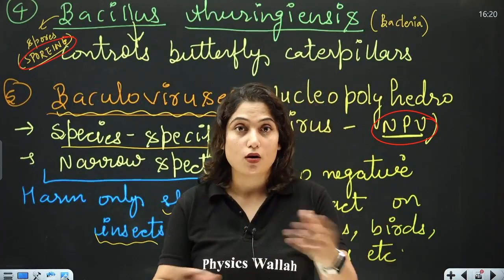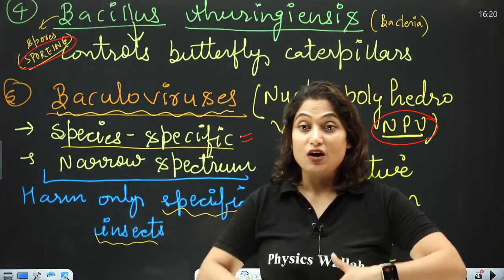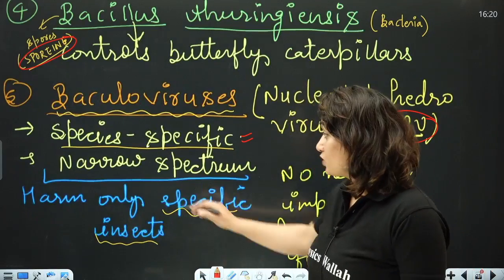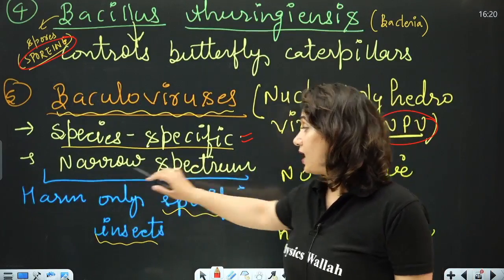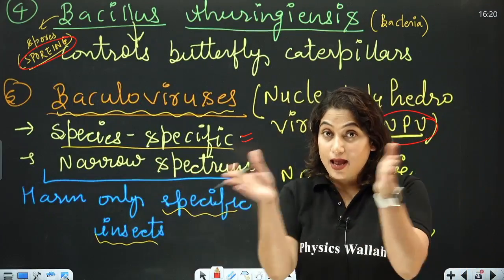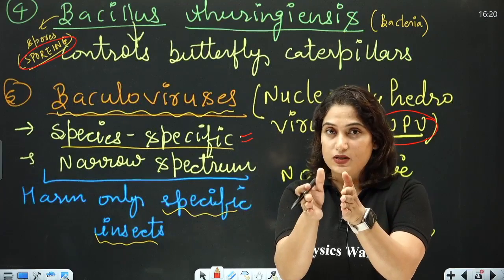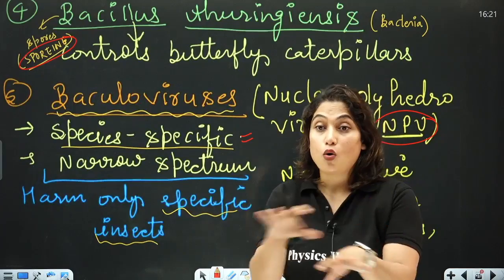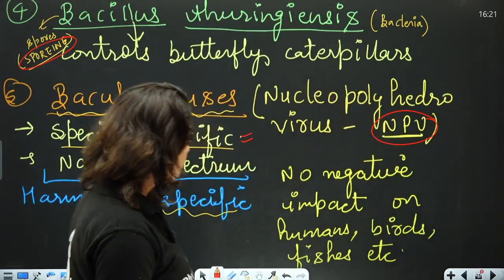They do not kill a wide range of organisms. They harm only the insects. So that is why baculoviruses are narrow spectrum. They are not broad spectrum. They are species specific because they harm only certain species of insects, not all the organisms. Right?